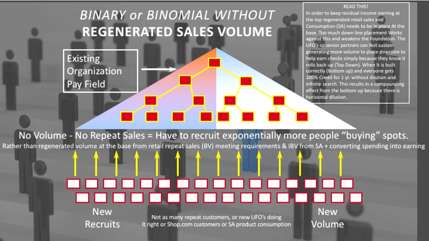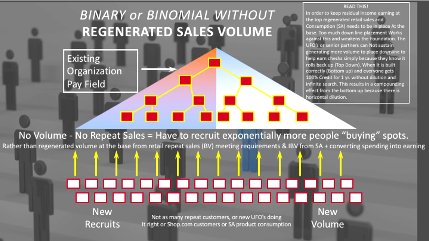It works against the principles of the plan. And when it's built correctly from the bottom up, and everyone gets 100% credit for 1 year without dilution and infinite search, there's a compounding effect from the bottom up because nobody can build outside of it. So it compounds, and it causes more and more people to earn checks, and those that are already earning to have solid checks.